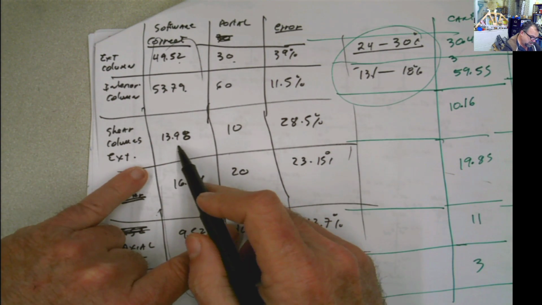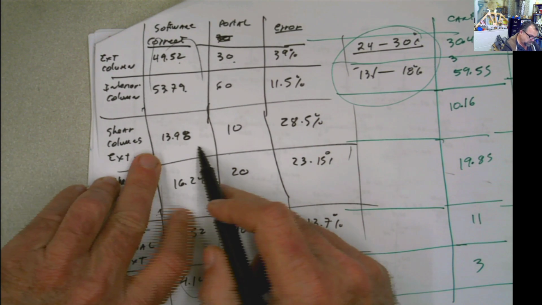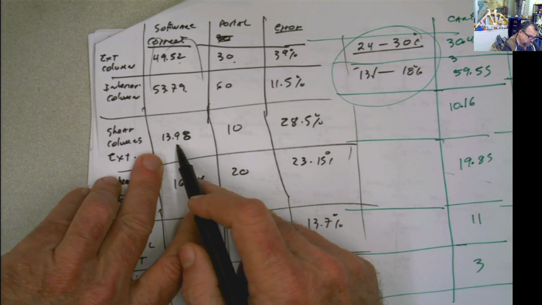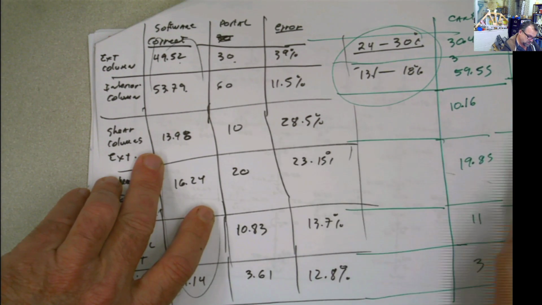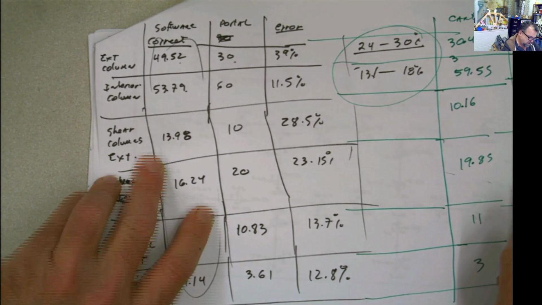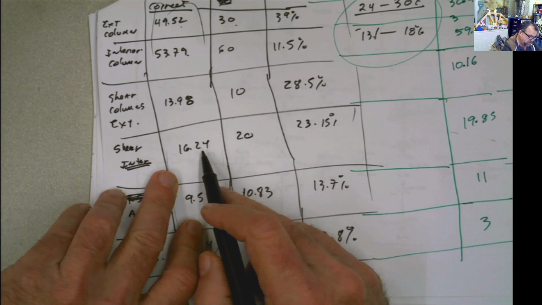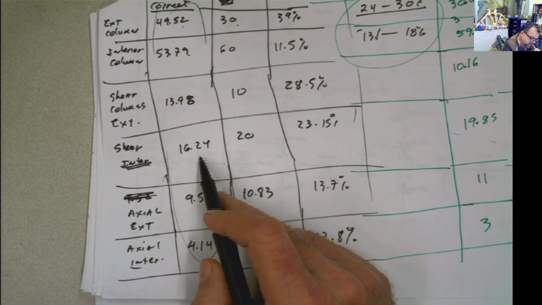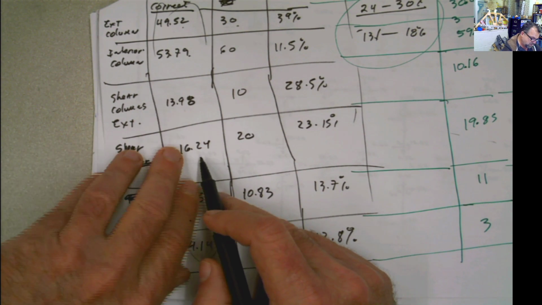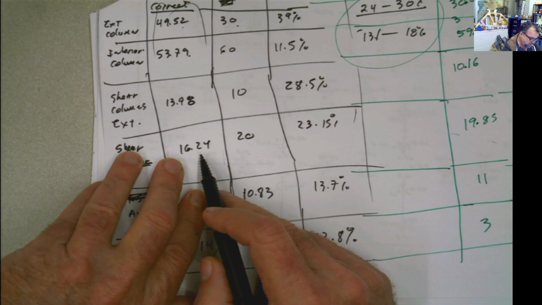Now, the shear, 28% for the portal method, 27% for the cantilever method. For the shear for interior columns, the correct software value was 16.24.